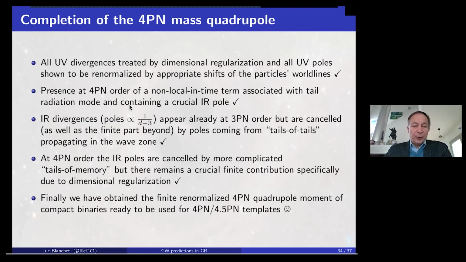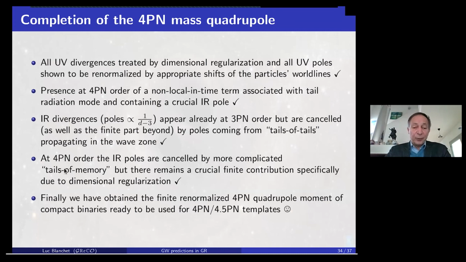As I say, at 4PN order, there is a non-local in time term associated with tails and a crucial infrared pole associated with it, but this pole is cancelled by poles coming from some non-linearity effect associated with tails of tails, which propagate in the wave zone, the radiation zone, the radiation mode.